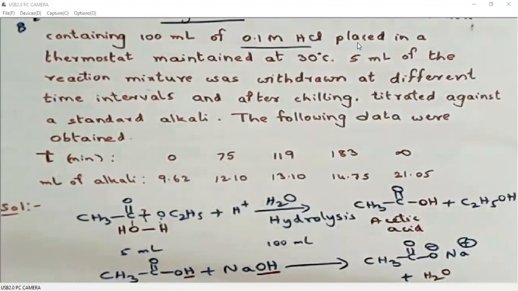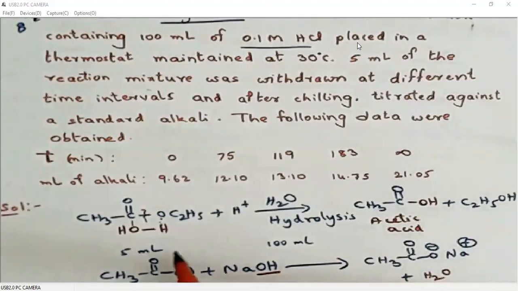Right. So when we are taking some aliquots at different time intervals, the product is acetic acid. When we treat that aliquot with sodium hydroxide, whatever acetic acid is there, that only reacts with the base so that it becomes neutralized.